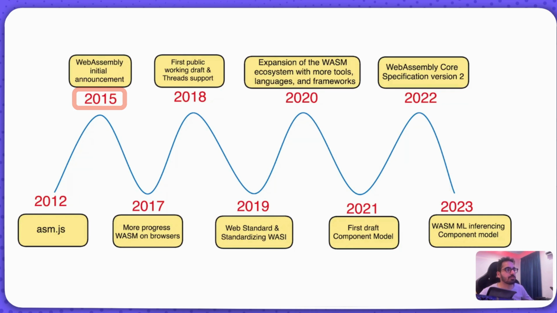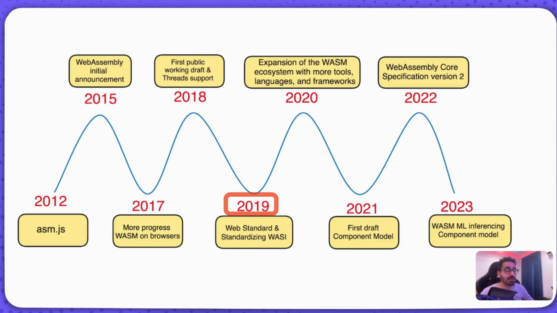After that, in 2015, you got the WebAssembly initial announcement, and that's where things started to take a nice turn in the history of the WebAssembly ecosystem. In 2017, it made more and more progress for WebAssembly on the browser side. And 2018 was when the first public working draft was made and threads support was introduced.